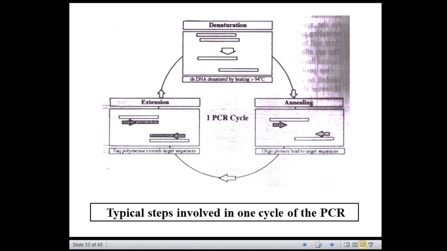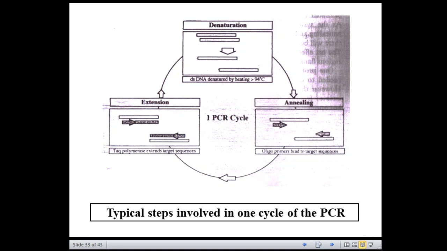The annealing step allows the hybridization of two oligonucleotide primers which are present in excess, so that they bind to their complementary sites that flank the target DNA on either side.